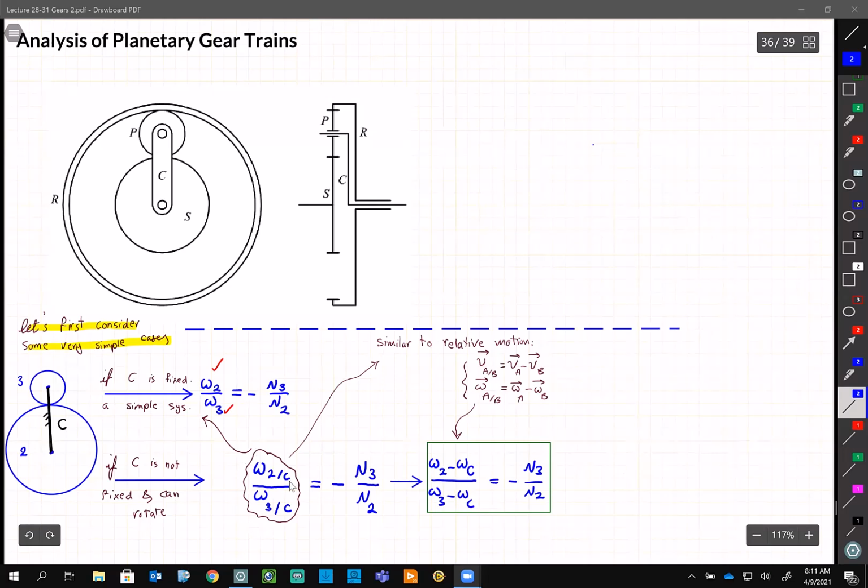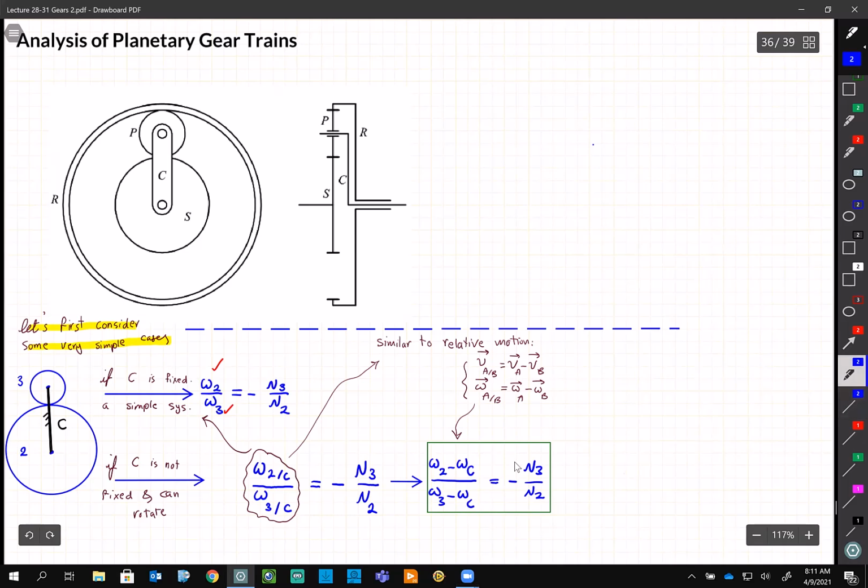So if that's the case, then it is still minus N3 over N2, but the left-hand side has a different meaning because it's a relative motion, and we know C is not in fact fixed. We have to write omega 2 minus omega C and omega 3 minus omega C, right?